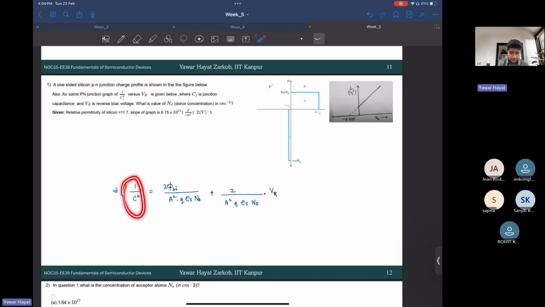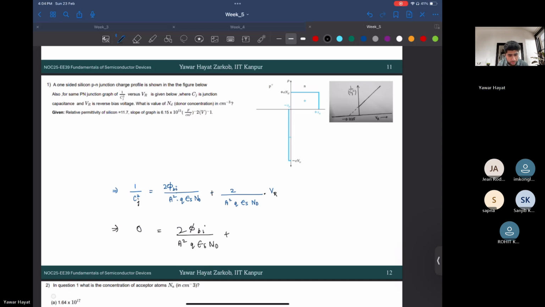If you put this as 0, then 0 is equal to 2 phi bi by a square q epsilon s Nd plus, okay, so this is 2 whole divided by a square q epsilon s Nd, right? And we need to find Nd.